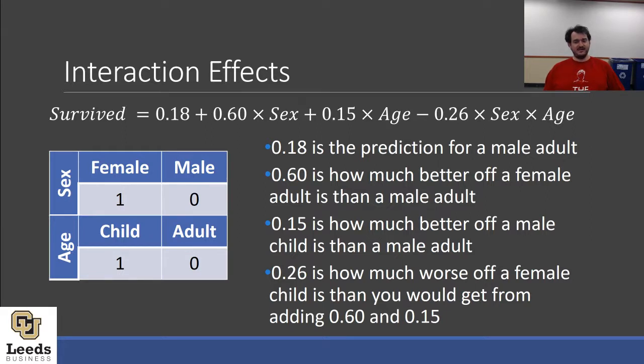So in the event that you have a female child, so 1 for both of them, you subtract 0.26 from it. So instead of 0.93, it's 0.67. I guess it is. In any event, that gives you what the prediction is for a female child.